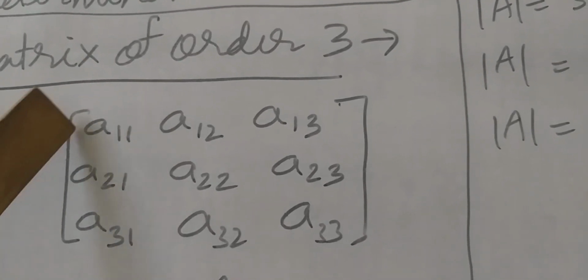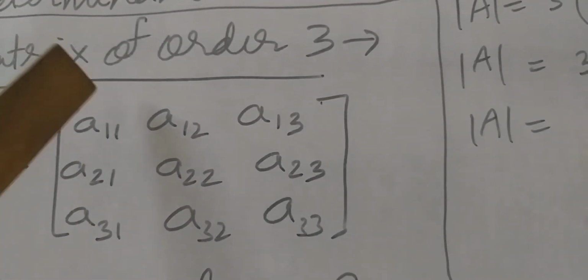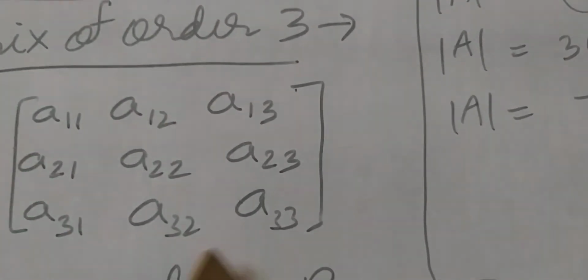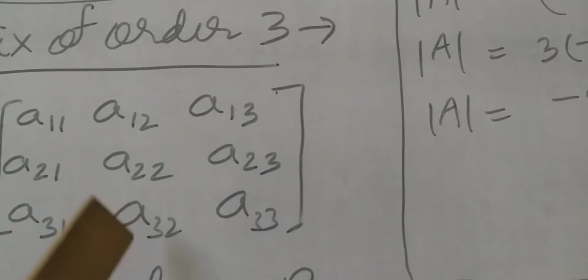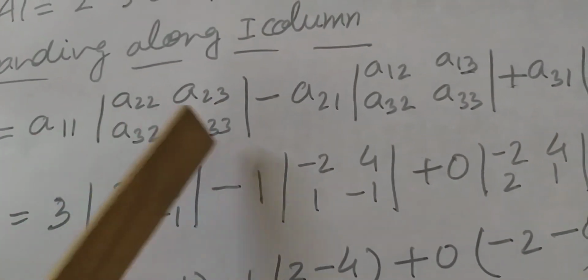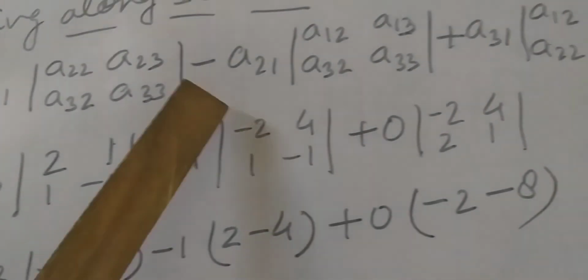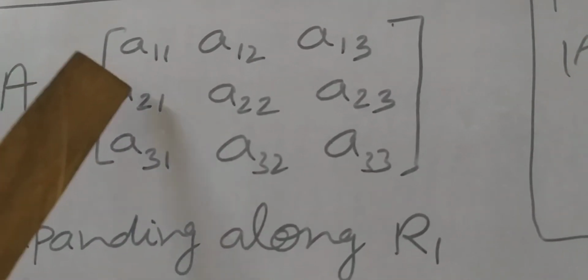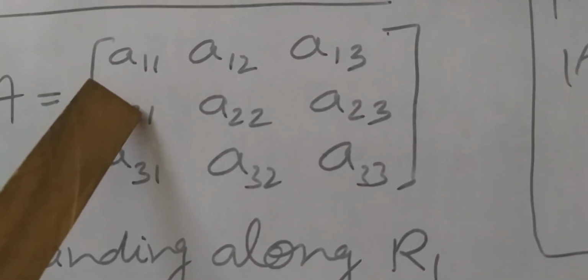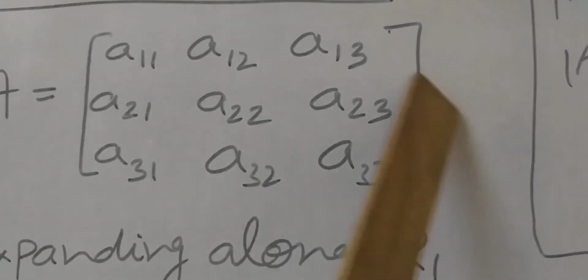So A11 is lying in the first row. So the first row and first column are deleted, left elements A22, A23, A32, A33. Written here A22, A23, A32, A33. Then for A21, this row and column should be deleted.